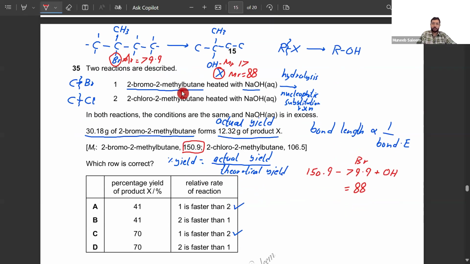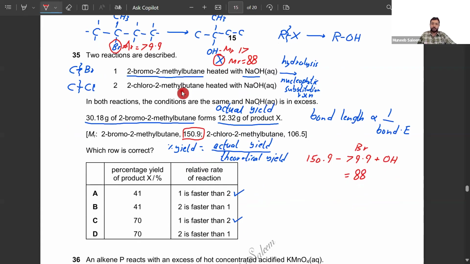Now do the ratio method. We take the ratio of the bromine compound, which has 150.9 as its Mr value, and the product X, which has 88 as its Mr. According to the information provided, 12.32 gram of the product X was obtained.